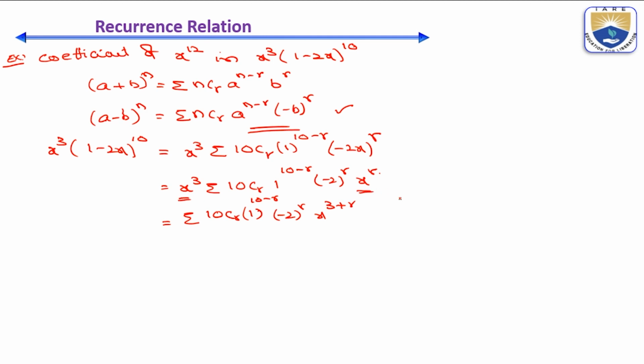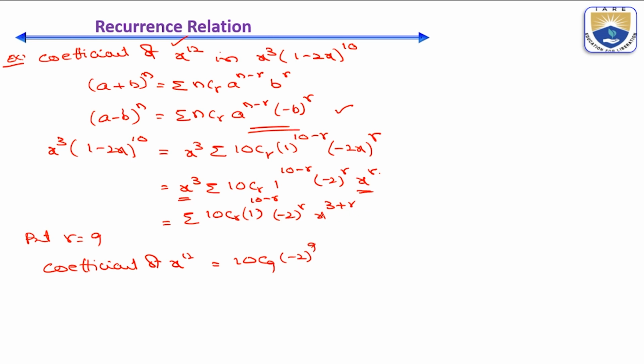So now I just have to find out the coefficient of x power 12. So just put r is equal to 9. Then the coefficient of x power 12 is 10C9, and then 1 power 10 minus 9 is equal to 1, and then minus 2 to the power of 9.